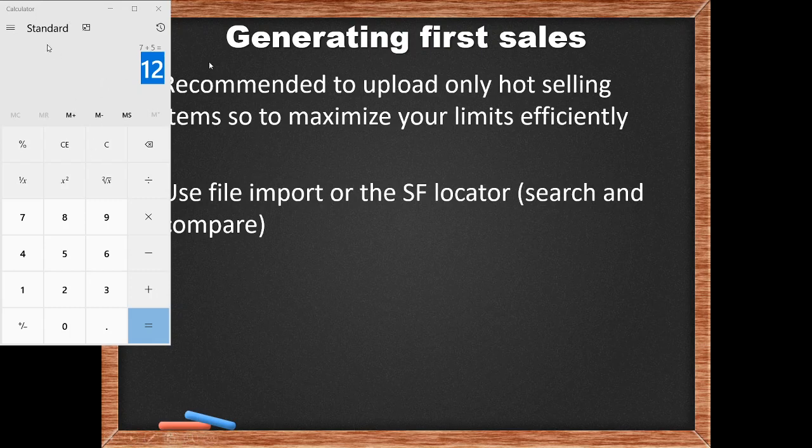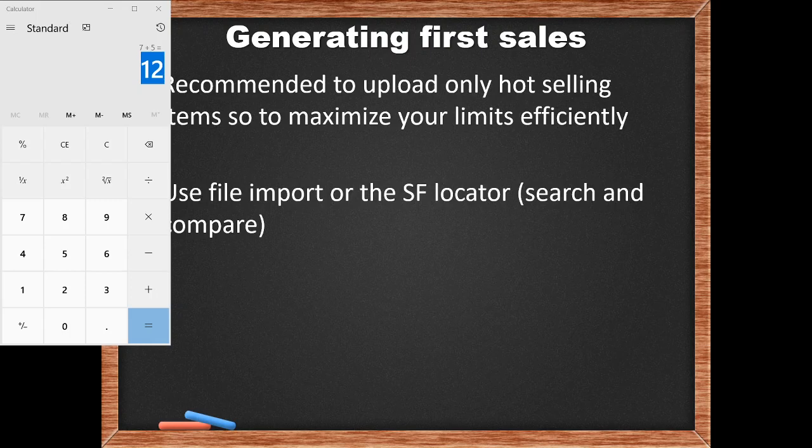But I'll just say this. Your account is very, very new. You don't have many limits, okay? You need to be very thoughtful about the items you upload to your store. You want to start generating sales and you want to be efficient about it. So you want to upload items that are more likely to sell than others.